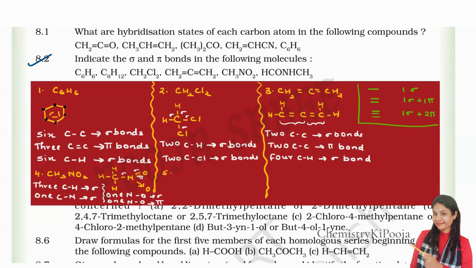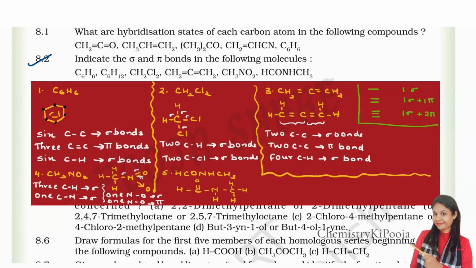The fifth one is HCONHCH3. So let me quickly expand this structure. This is H, then carbon, double bond oxygen, nitrogen, then H, then we have C and 3 hydrogens. Okay, so this is the expanded form. Next, I am going to write down the number of sigma and pi bonds. Firstly, let us look at the structure carefully.